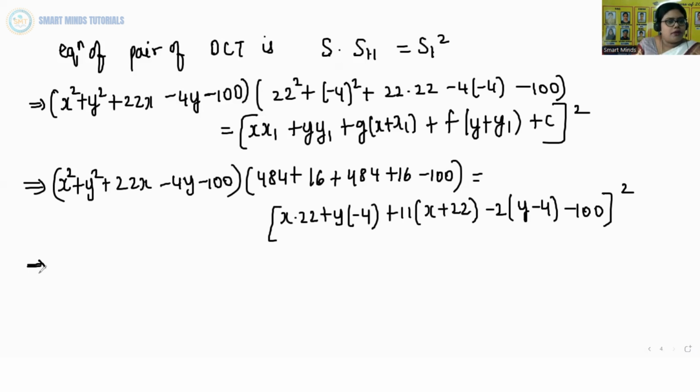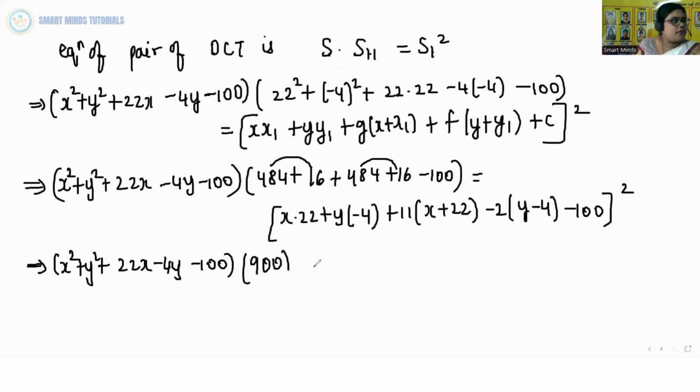Now next step is again first circle, first bracket we are writing as it is. Now the second bracket we are solving. See, 484 plus 16 is 500. Again 484 plus 16 is 500. 500 plus 500 is 1000. 1000 minus 100 is 900. Is equal to, this is 22x minus 4y plus 11x.